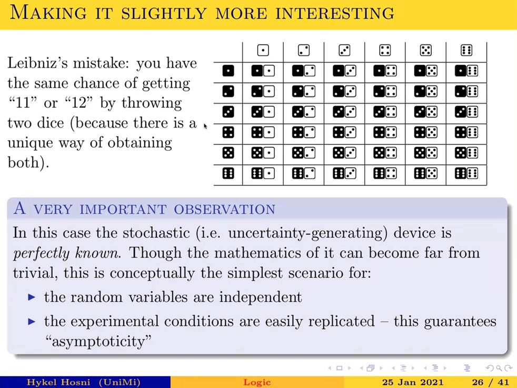I know everything about what can happen here, which is exactly why I can tell with great confidence that 11 is more probable than 12. You can see it, it's there. Not so if you don't know exactly the mathematical properties of the mechanism which generates the uncertainty. Now, let me just make a big leap here. Think about a medical diagnosis.